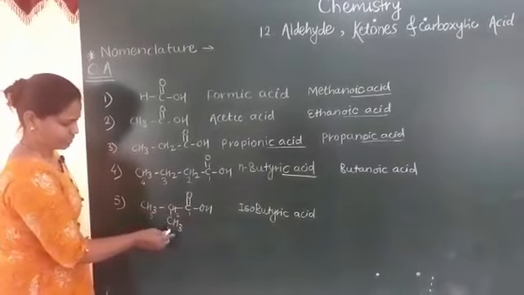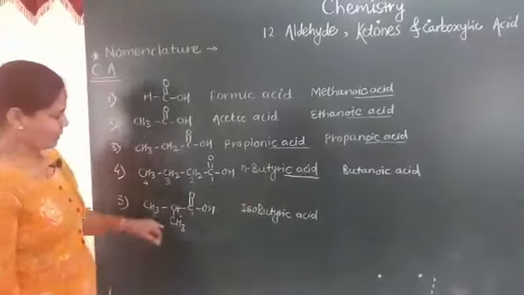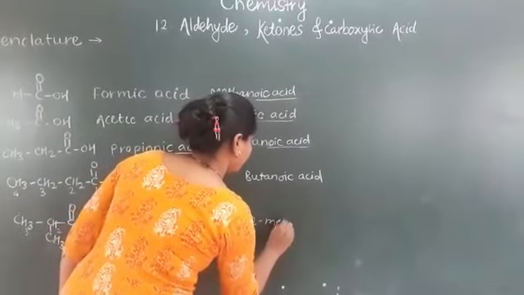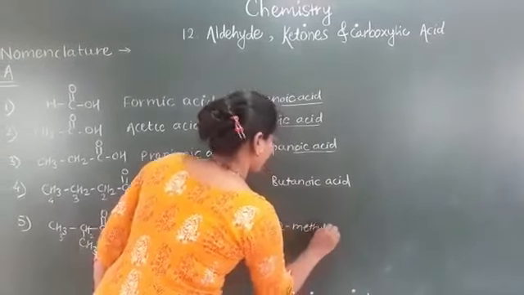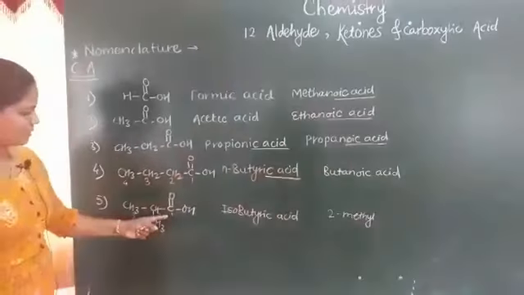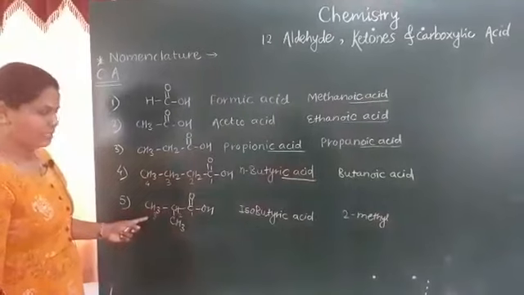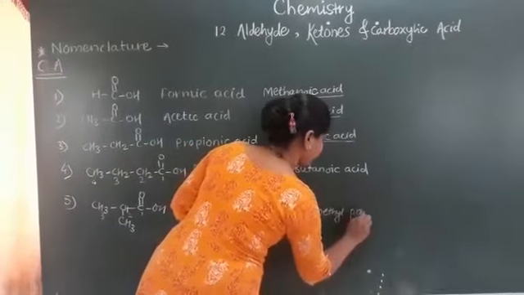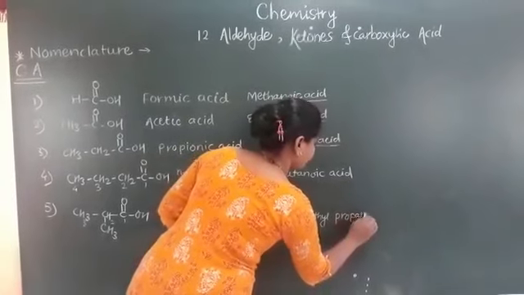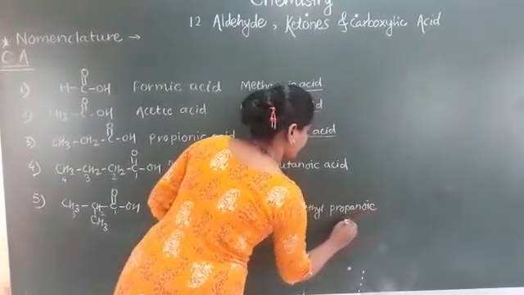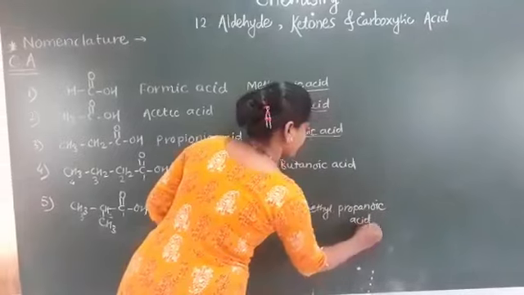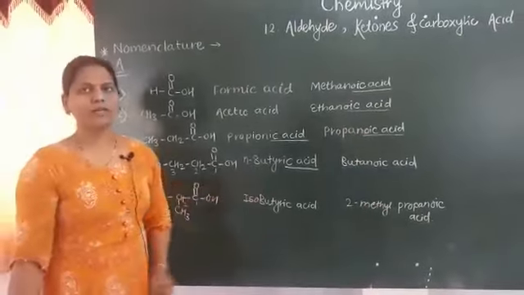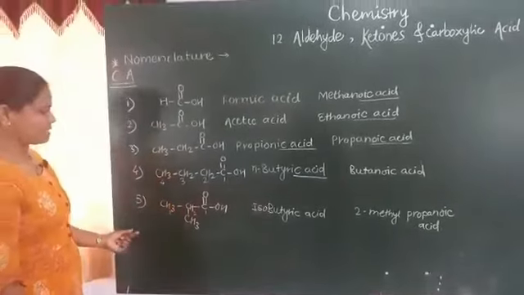The second carbon atom contains a methyl group. So the IUPAC name is 2-methyl. In the continuous chain, how many carbon atoms are there? 1, 2, 3. So the root word is propanoic acid. Okay, what is the name? 2-methyl propanoic acid.